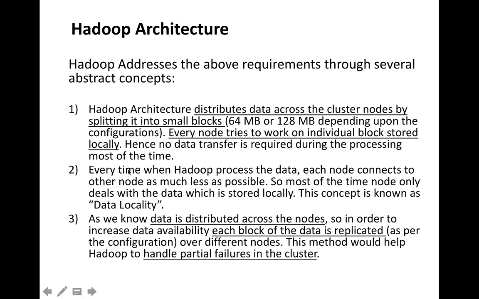Another concept: we talked about how if one machine fails, the performance is just reduced, but it will not cause failure. How to solve this issue? In Hadoop, they use this concept. The data is distributed across nodes, and each block of data is replicated.